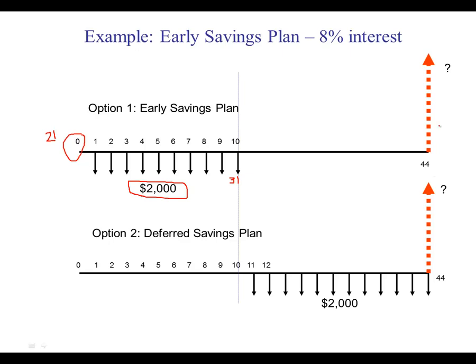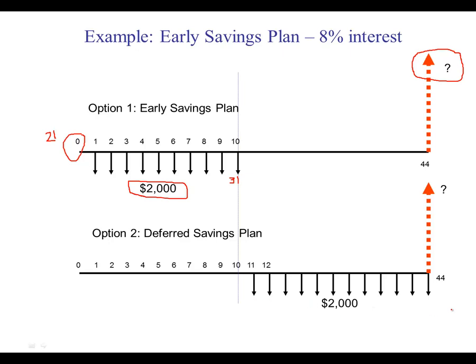We would like to know how much would be that future value. At the same time, we will look at the second option. The second option is a deferred saving plan. I will not pay anything until year 11. When I'm 32, I will start paying $2,000 in the account, saving until I'm 65.